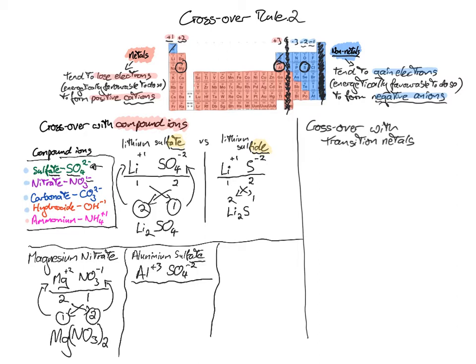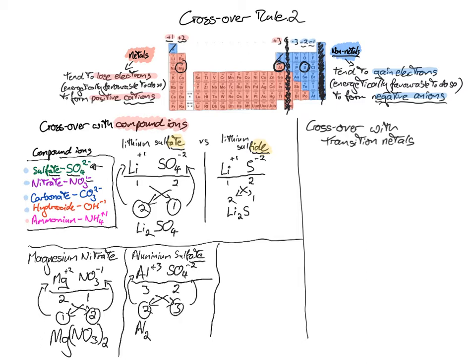What have we got? Al3 plus, so let's take the magnitude down, 3. SO4 2 minus, what do I take down? The 2, the size of the charge. Let's cross them over, 2, 3. I've got 2 lots of the aluminium, but aluminium is just a simple ion, so I don't need to use brackets or anything. Al2.